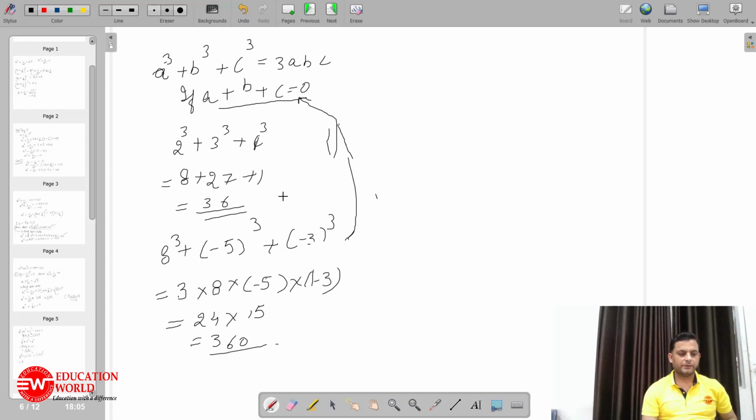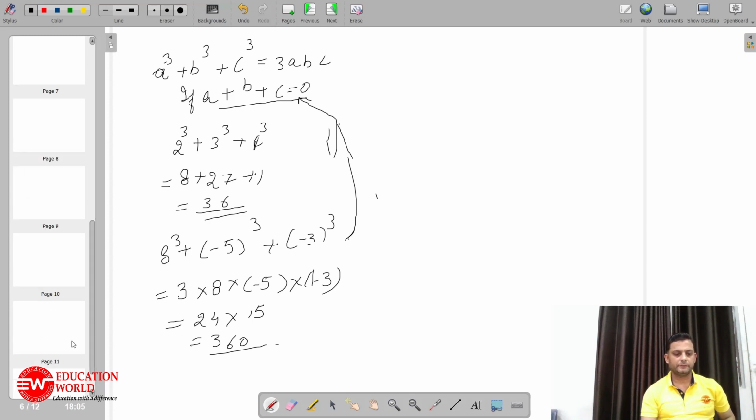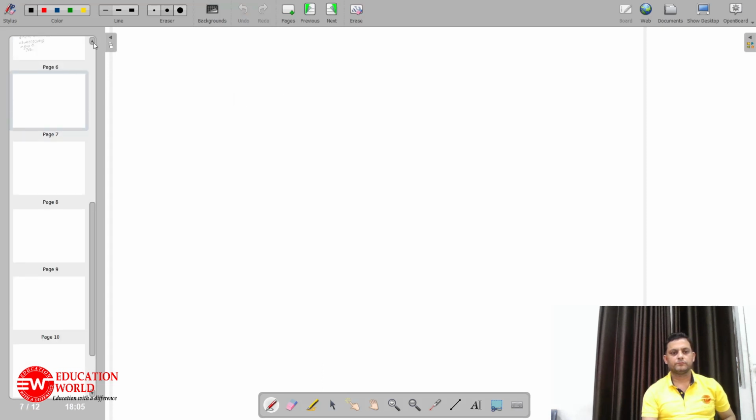One more example I will take, for better understanding. Now the cubes of 2 cube plus 4 cube plus minus 6 cube. Here my A value is 2, B value is 4 and C value is minus 6.